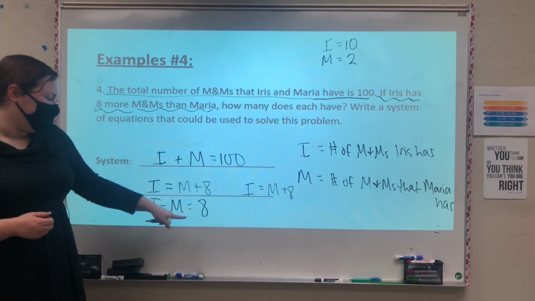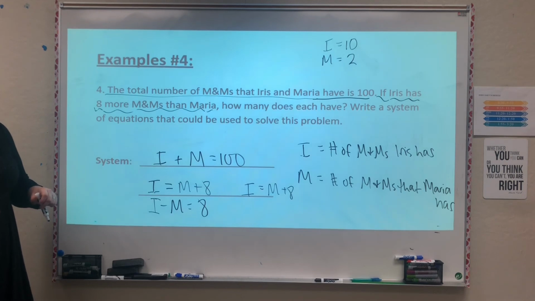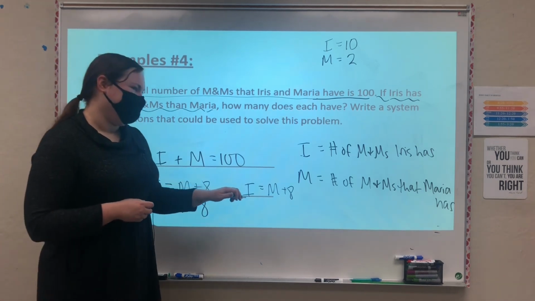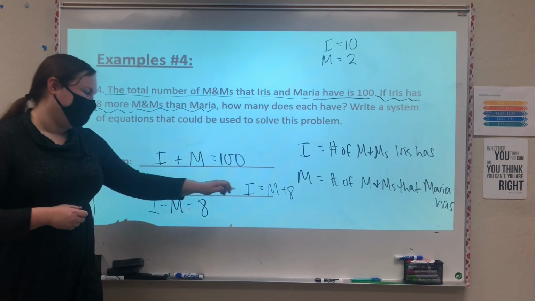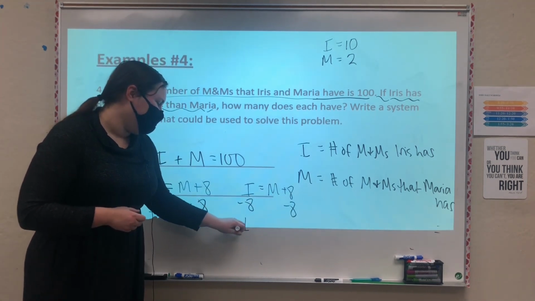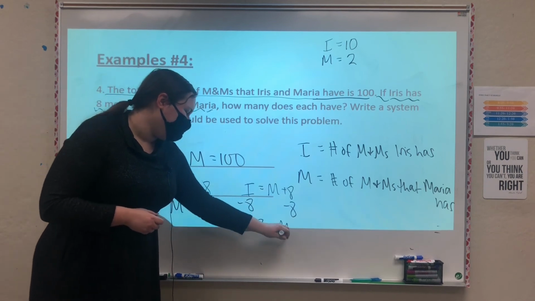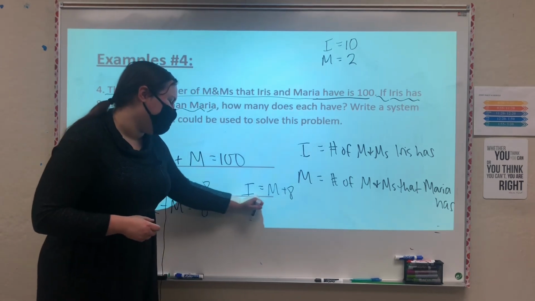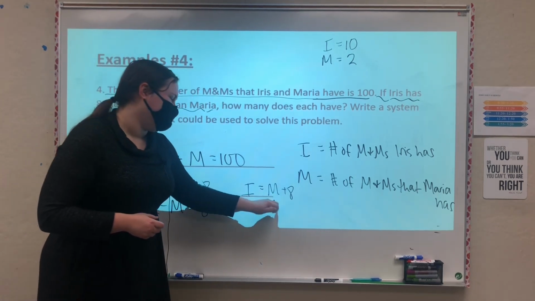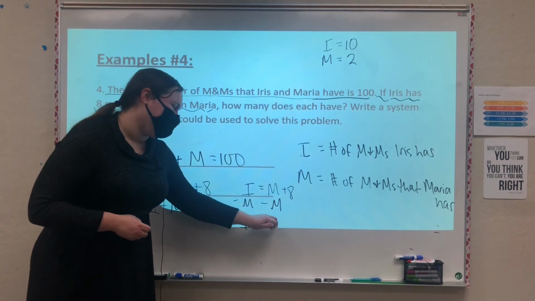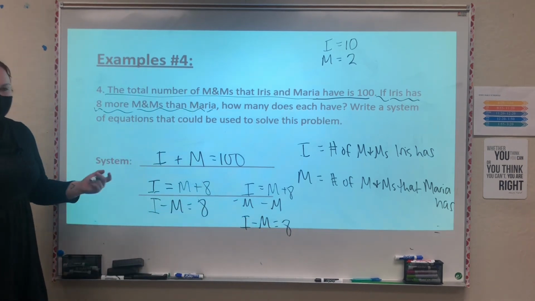Can I change this one to look like this one? Yes. How? If you subtract 8 from both sides. If I subtract 8 from both sides, that would give me I minus 8 equals m. Not quite. But if you were to subtract M. Oh. There's the sound I love. That would give us the same equation.